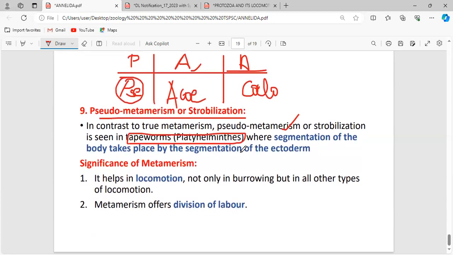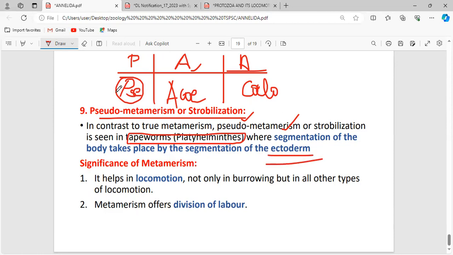Clear? Now, I have explained one important point when I explained the Platyhelminthes. I explained strobilization. When I explained the meaning of strobilization, I used the term segments. But you people didn't ask any question, so I'll try to explain that concept here.